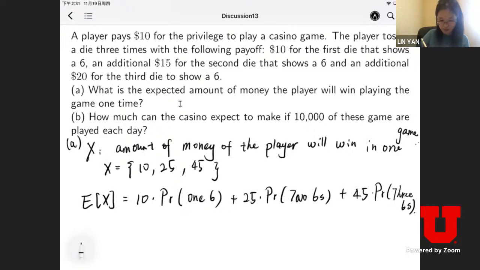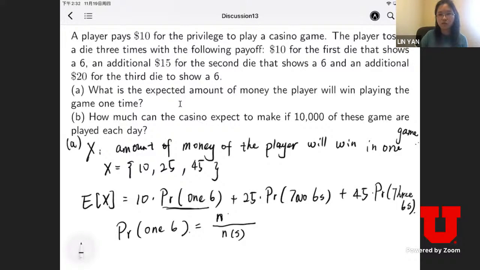And then we need to decide the probability that the player has one 6. We have already known N(S) is equal to 6 to the power of 3, and the number of the events that the player has one 6 is what?